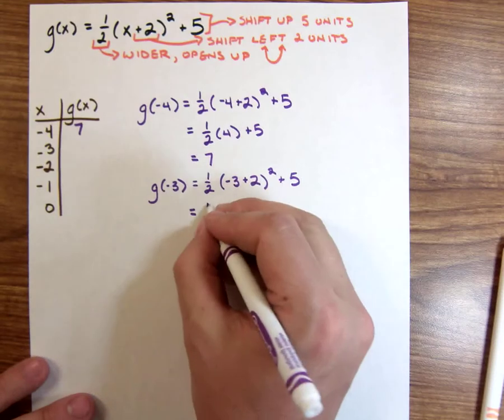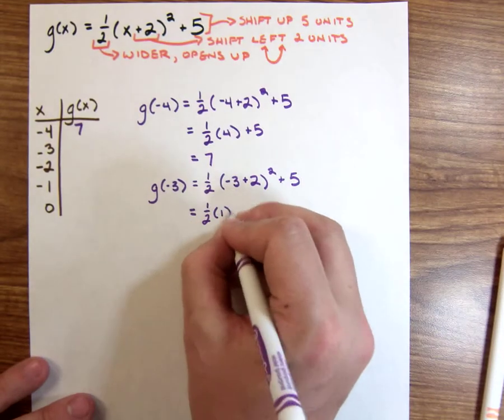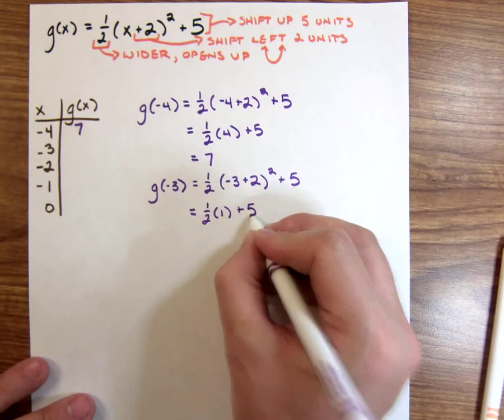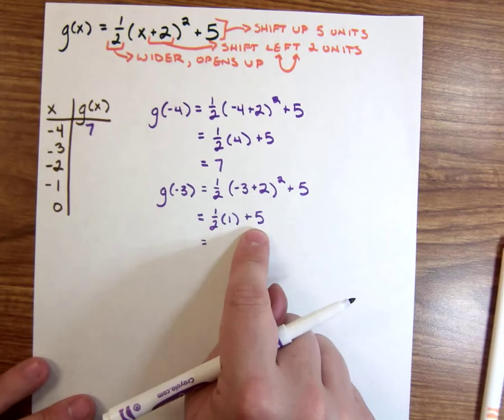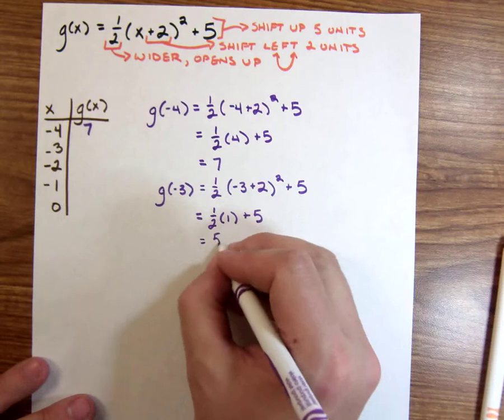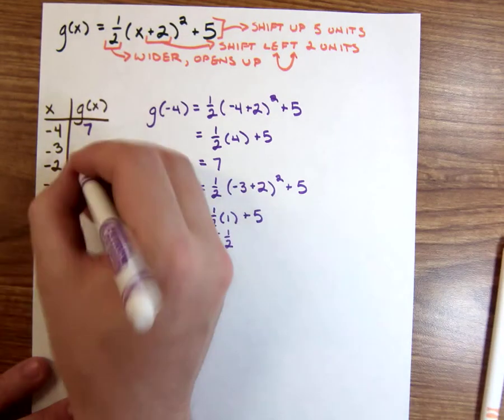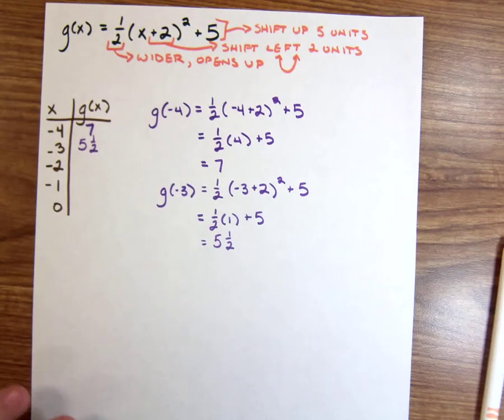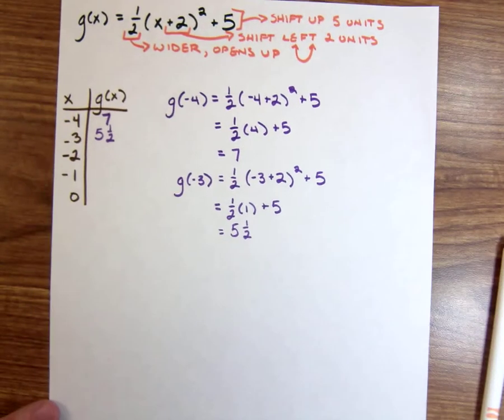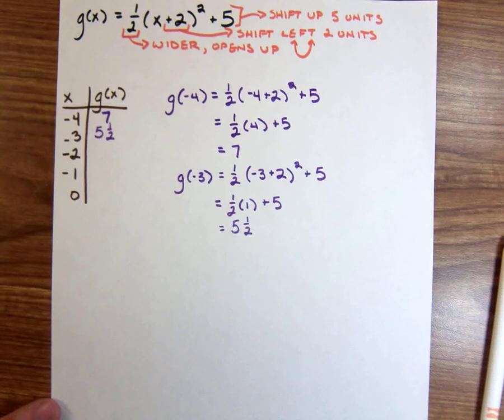So this is 1/2 times 1 plus 5. What's half of 1? Half. Plus 5? 5 1/2. You would use 5.5, or 5 1/2. It doesn't matter. You can use whatever. If you prefer decimals, be my guest.